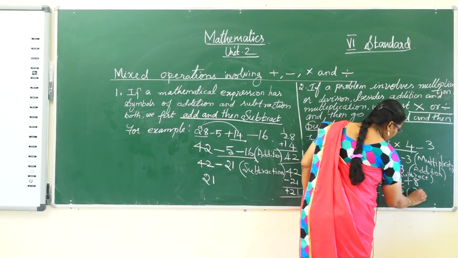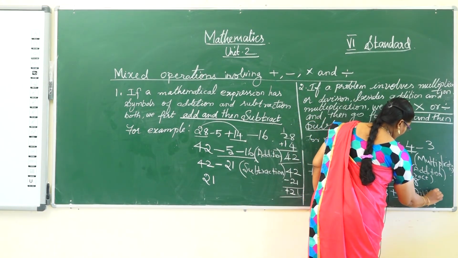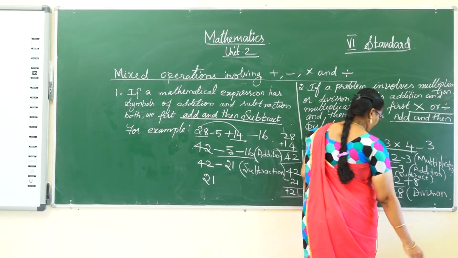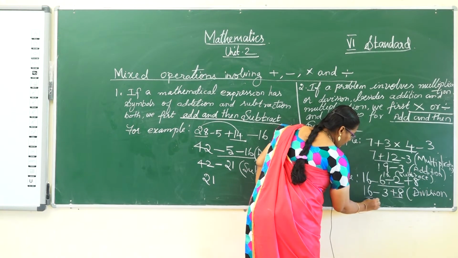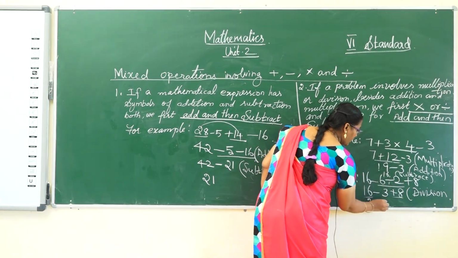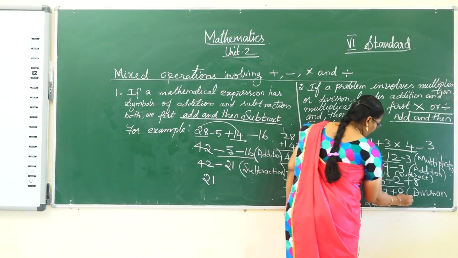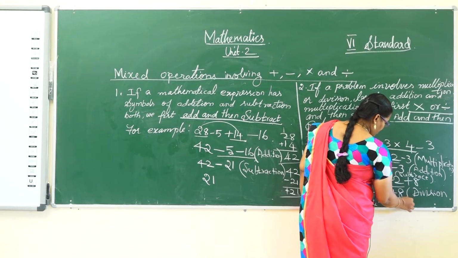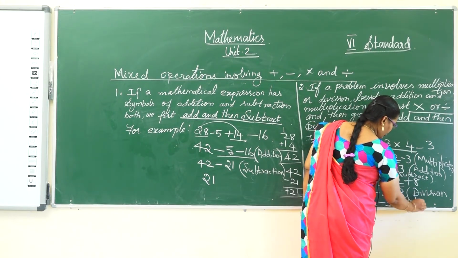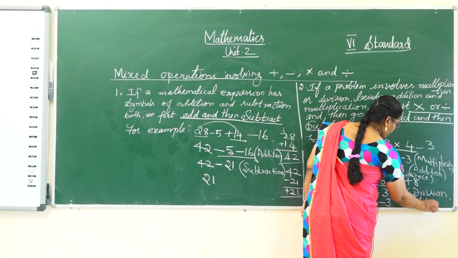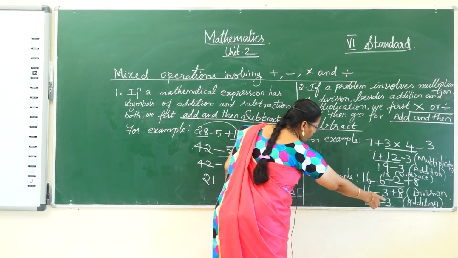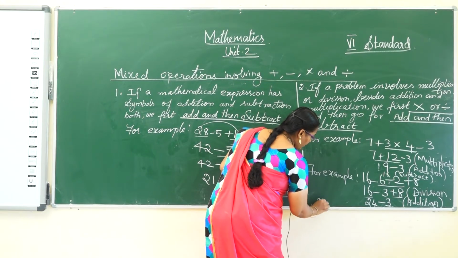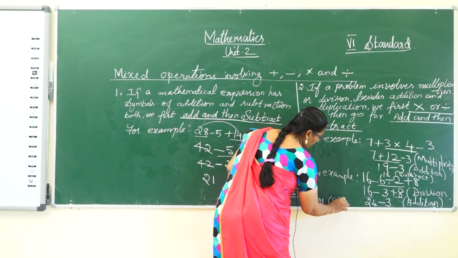Here write division, and then addition. 16 plus 8 is 24 minus 3. In this place write addition. And now subtract: 24 minus 3 is 21. Subtract.